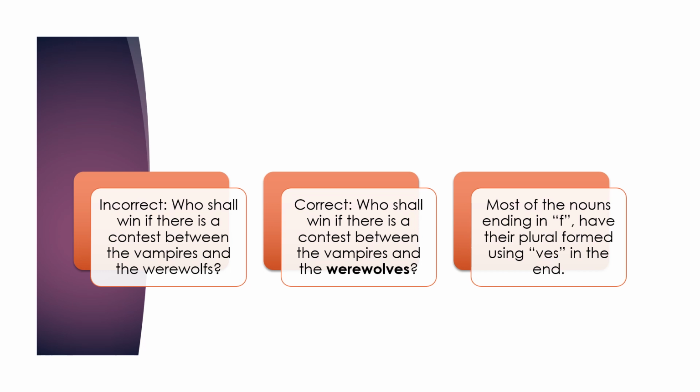Now, whenever you have any noun that is ending with F, most of the cases that F ending noun, and when you convert that into a plural, the last letter, that is F, gets replaced with VES to make that word a plural. So that will be the correction here. Who shall win if there is a contest between the vampires and the werewolves? And werewolves will be WOLVES and not FS.